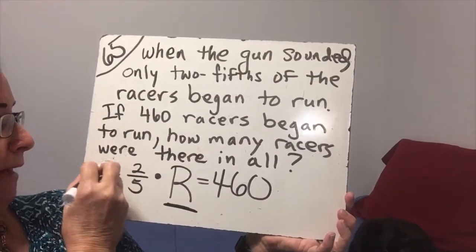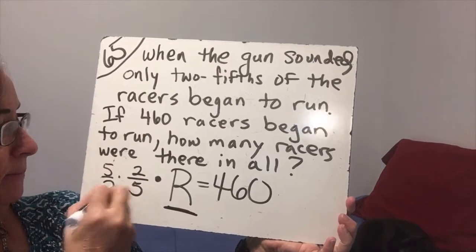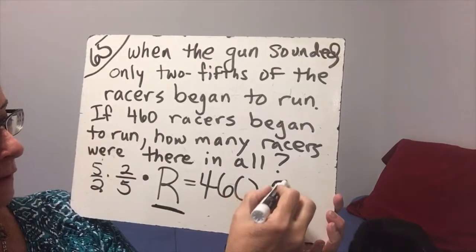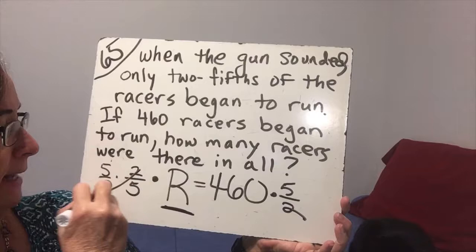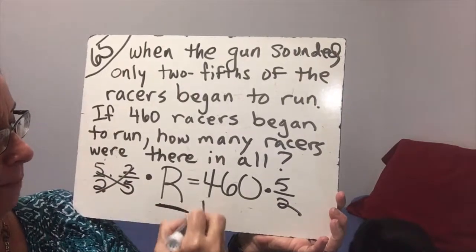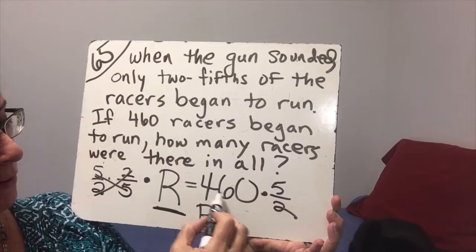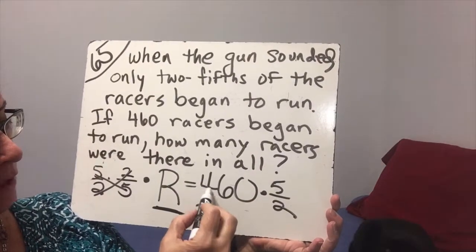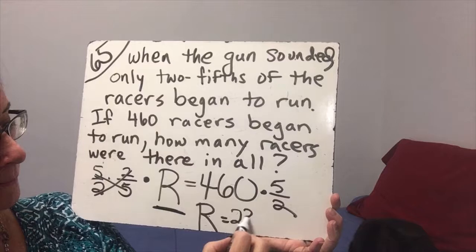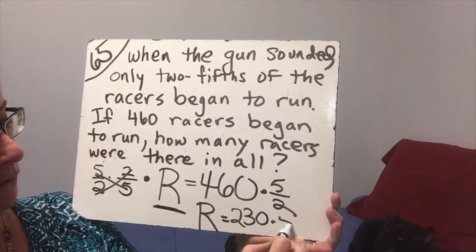So we're going to multiply by 5 halves here, and 5 halves here. This cancels, and we get R all by itself. R equals. Now when I cut this in half, I'm going to divide by 2 first. I get 230 times the 5.